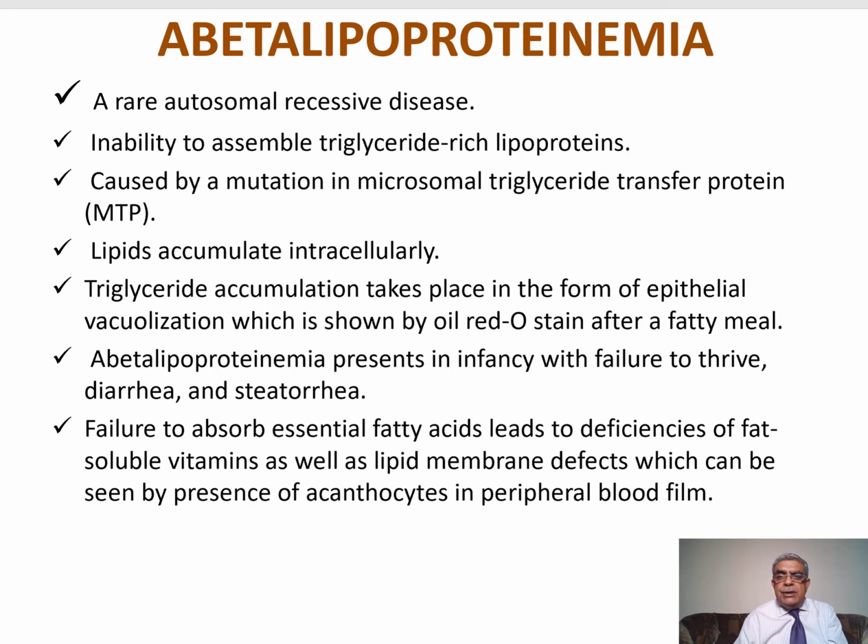It is due to inability to assemble triglyceride-rich lipoproteins. It is caused by mutation in microsomal triglyceride transfer protein, which is MTP.